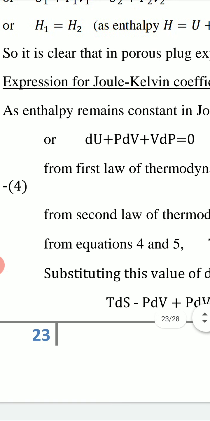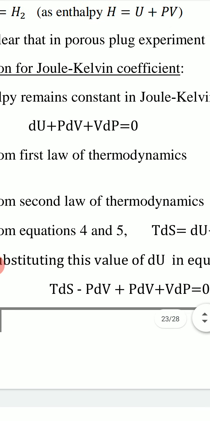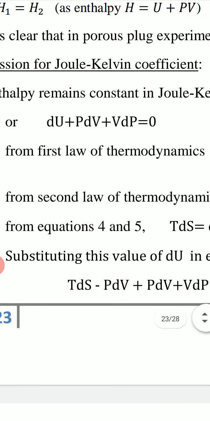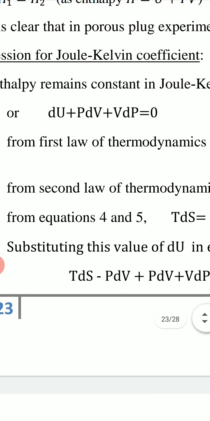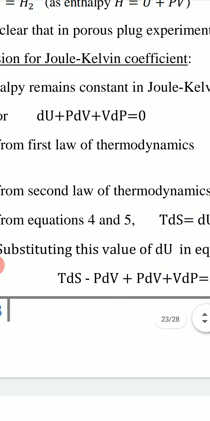Now we find the expression for the Joule Kelvin coefficient. We want to find the change in temperature, delta T. We are changing the pressure. Gas is allowed to pass through a porous plug from a region of constant high pressure to a region of constant low pressure.